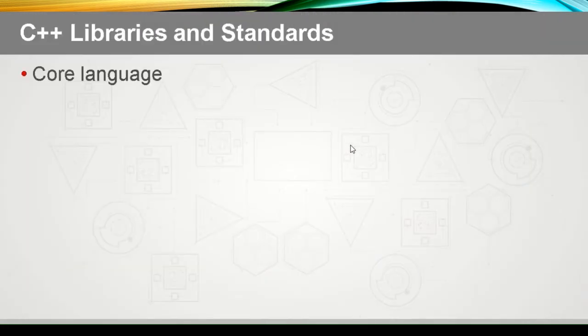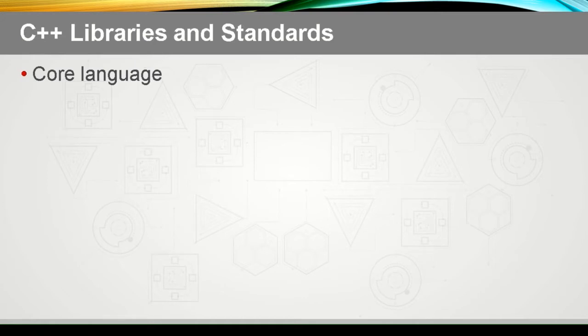What are some C++ libraries and standards? Well, the core language of C++ is the C++ built-in types, operators, and statements. It has no built-in high-level objects or types in its core language, just low-level built-in things, the fundamentals of the language itself.